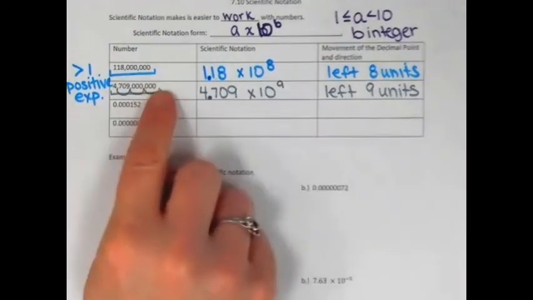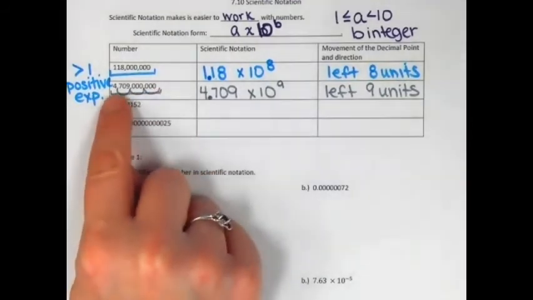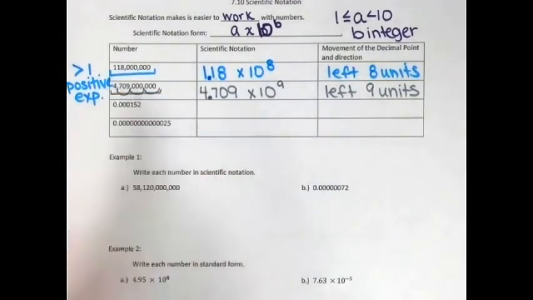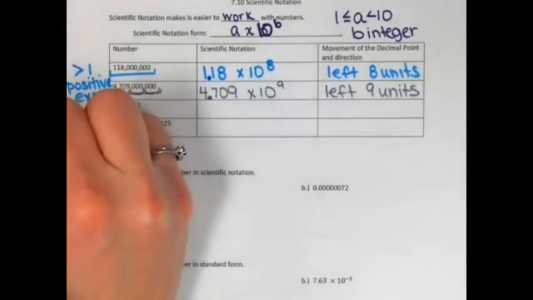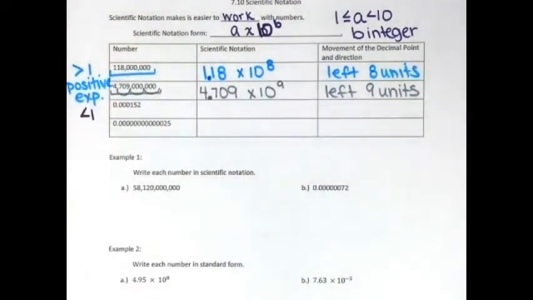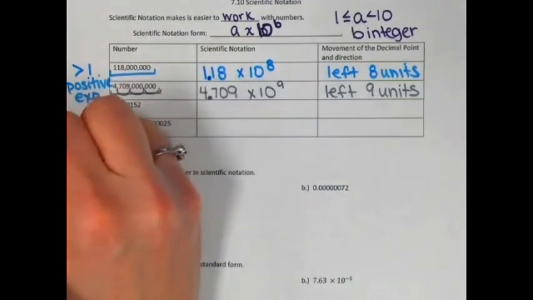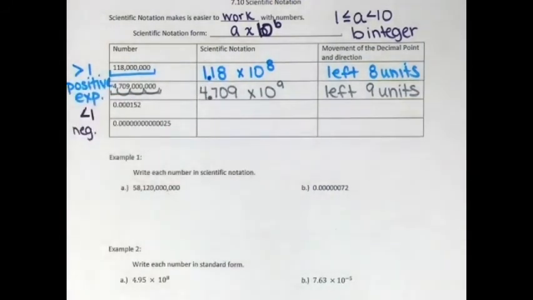My decimal point's at the end, and I need to move it all the way between the 4 and the 7. How many units did I move it? 9. Okay. Now, these last two numbers are less than 1, right? What kind of exponents give you a number less than 1? Negative, right? Because remember, when we said 4 to the negative first, that was what? 1/4. Isn't 1/4 technically 0.25?